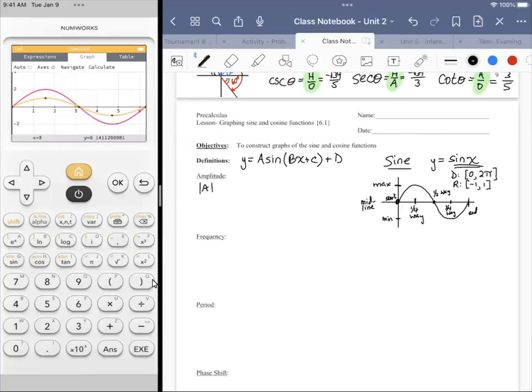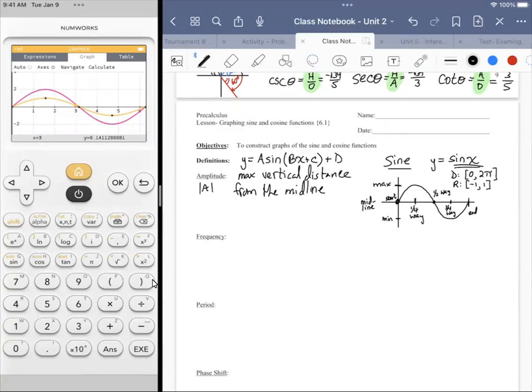All right, so this is the vertical distance from the midline. Apologies, it should say maximum vertical distance. I'm going to say max vertical distance from the midline. Right, so if the a value is 2, that means that you're going to go no more than 2 units away from the midline.